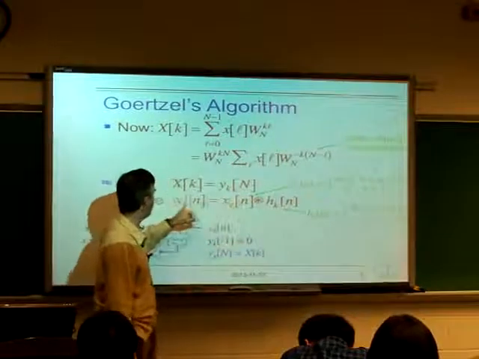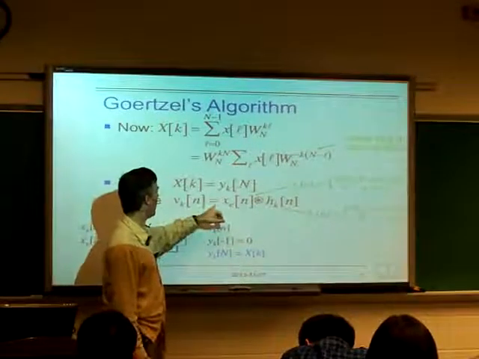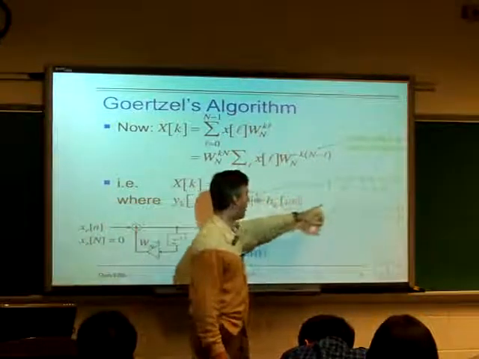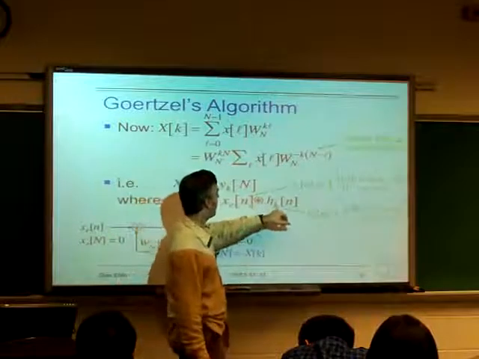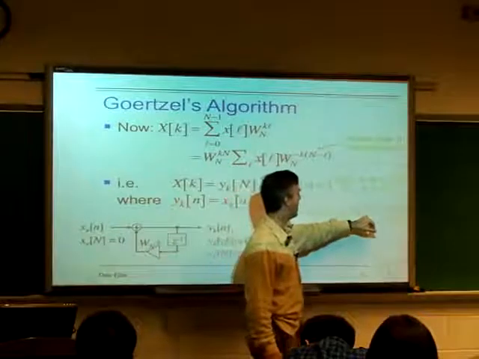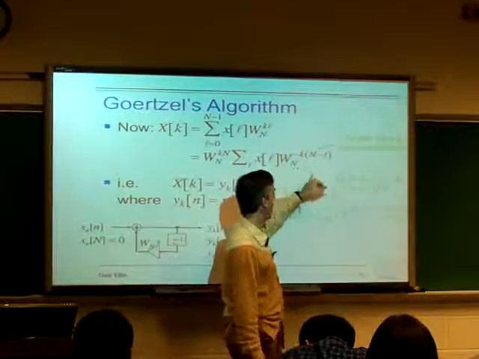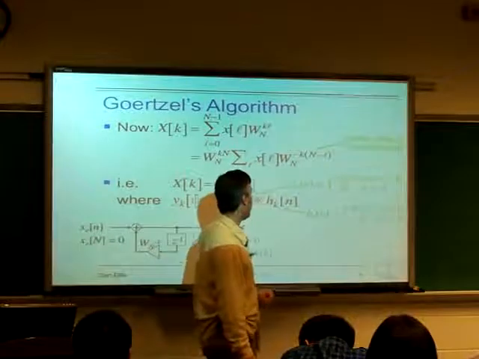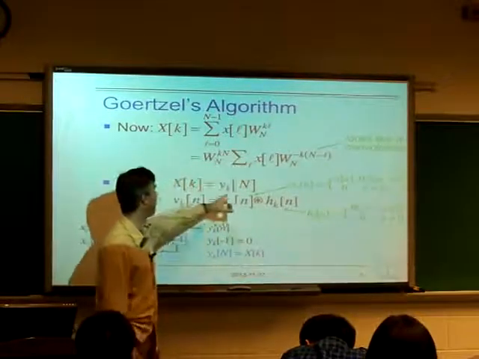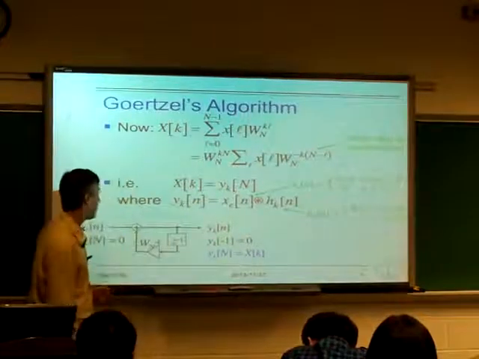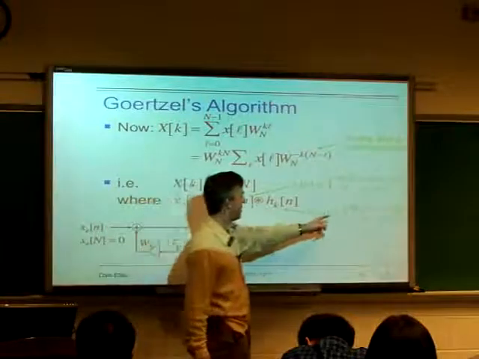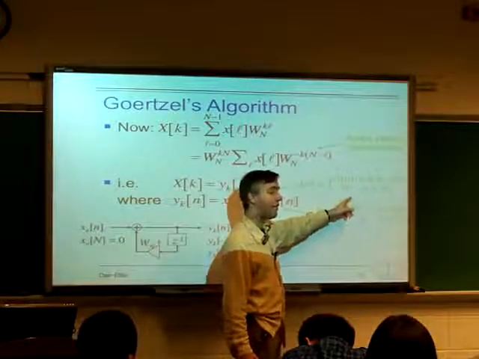And in particular, if we set up y of k like this to be x with a 0 padded on the end, convolved with a system whose impulse response was this h of k, which is basically just the W to the minus kn values, then this convolution would give us this answer at time big N. But this impulse response is basically an alpha to the n thing.